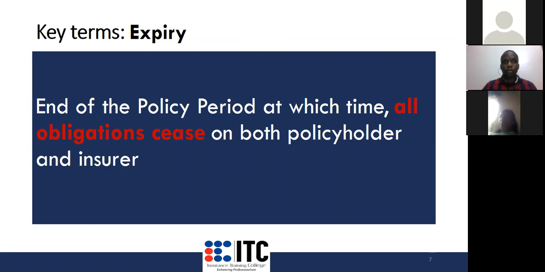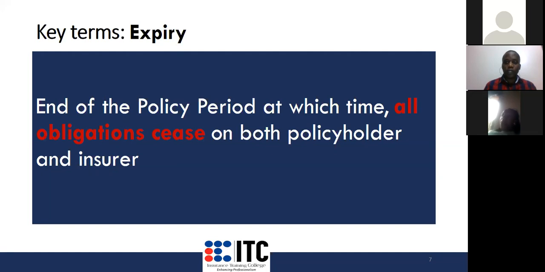Or even if you have cable TV, that's GoTV, DSTV, once that payment period has elapsed, they cut you off because it has expired. So that is the same thing here when we're looking at certain policies. They do expire. And when they expire, all obligations from both parties cease.